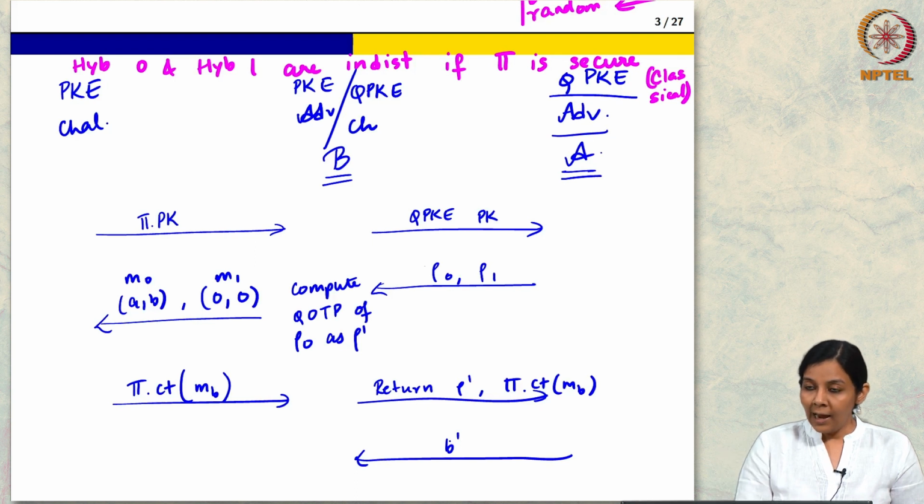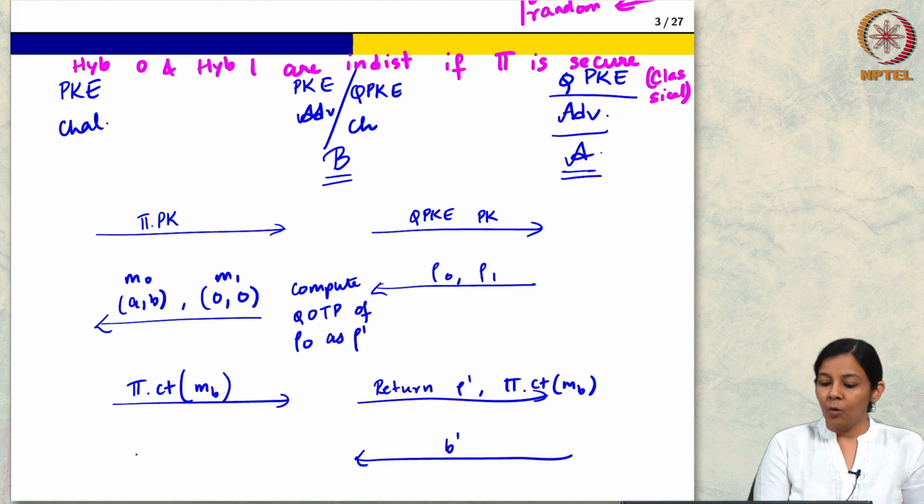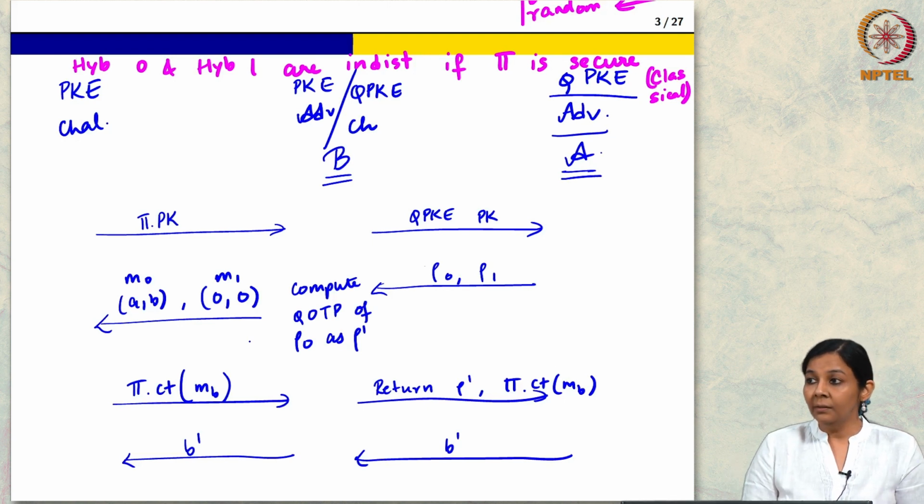If it can figure out what the bit b is, then the reduction can also figure out what is the message inside the pi ciphertext that I received. It is only because of the existence of this reduction that I can claim that hybrid 0 and hybrid 1 are indistinguishable.